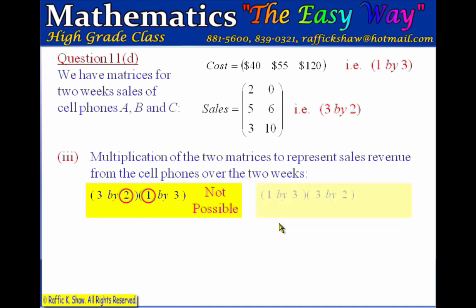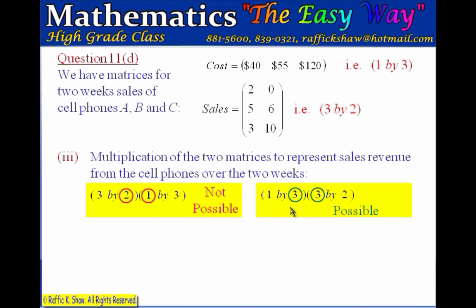Instead, if we place the 1 by 3 matrix in front of the 3 by 2 matrix, the number of columns in this first matrix would be equal to the number of rows in this second matrix. Because these two numbers are equal, the number of columns here is 3 and the number of rows here is 3, this multiplication now is possible.